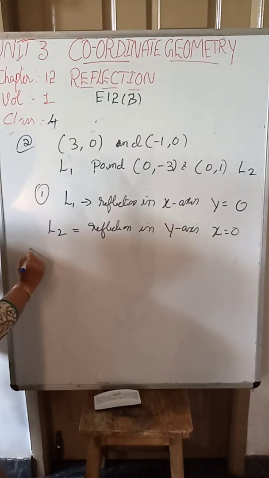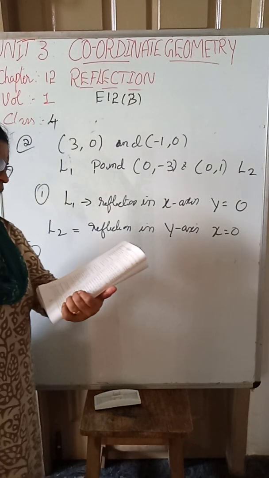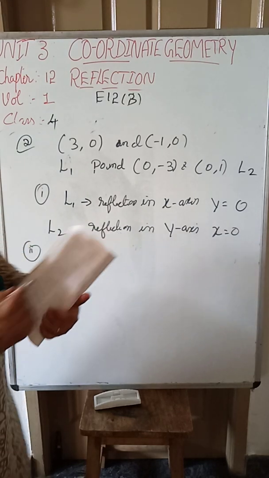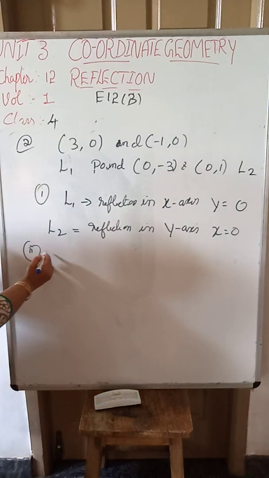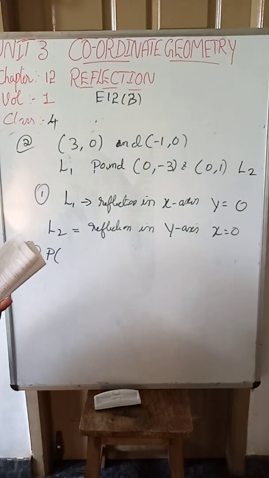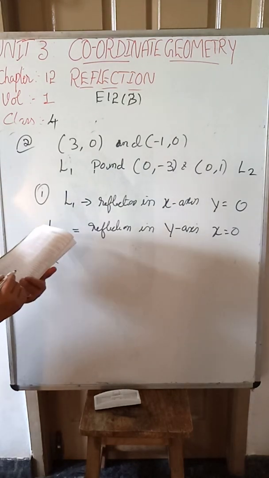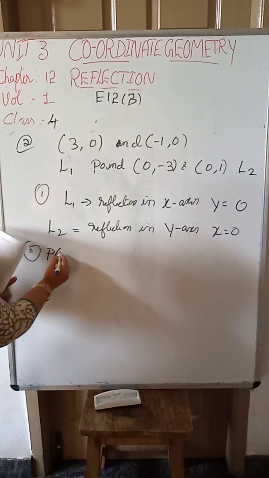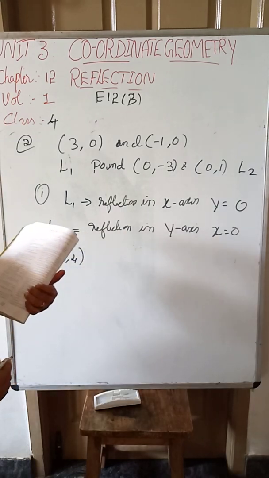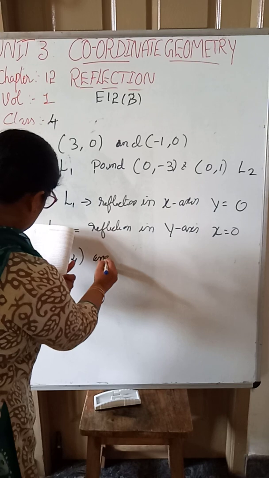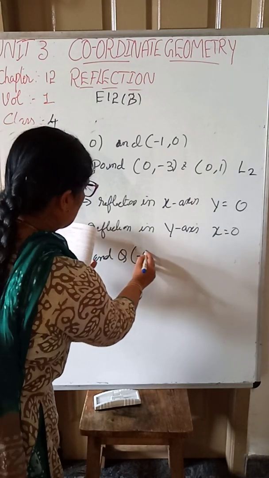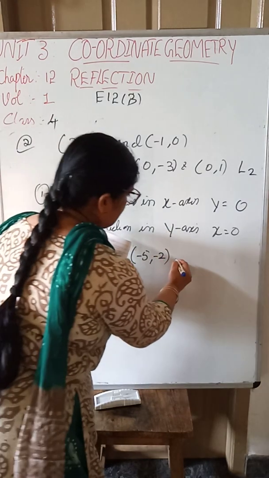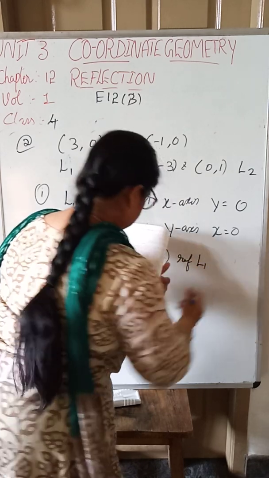Second question. Write down the images of P 3, 4 and Q -5, -2 on reflection in L1.